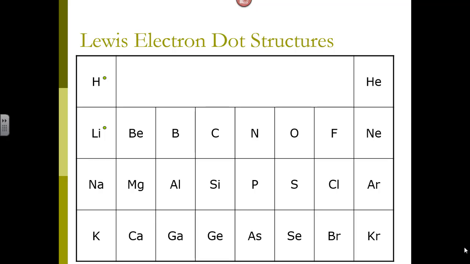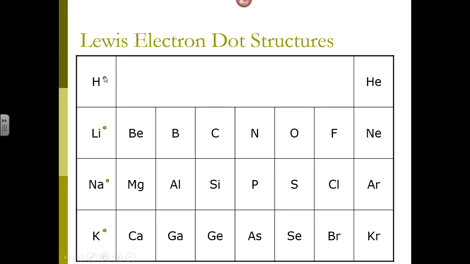Remember from last semester that everything in that same column also has that same number of valence electrons. You could figure this out with the electron configuration if you need to. Usually it's easier just to memorize that everything in that column has 1 valence electron. So the dot structures for the rest of those elements, lithium, sodium, and potassium, all look the same.